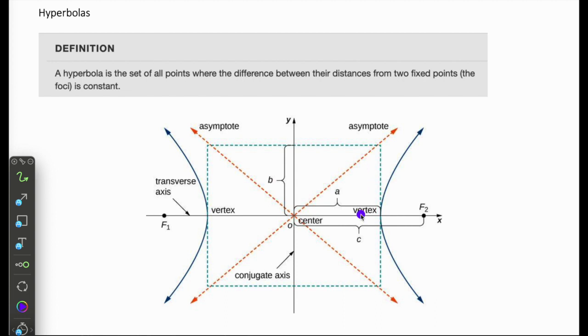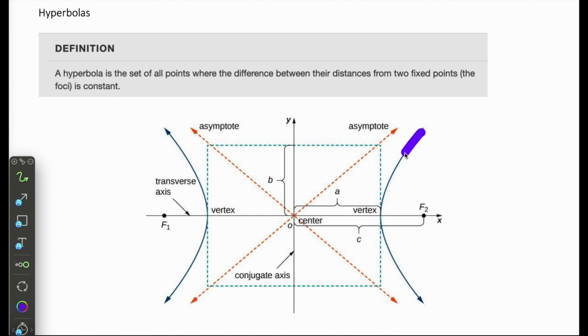Like before, when we sat on the ellipse somewhere and created a distance from that point to each of the foci, and added up those distances, it was constant no matter what point we landed on. Something similar for the hyperbola, we're just going to find the differences rather than the sums, and those differences are going to be constant.